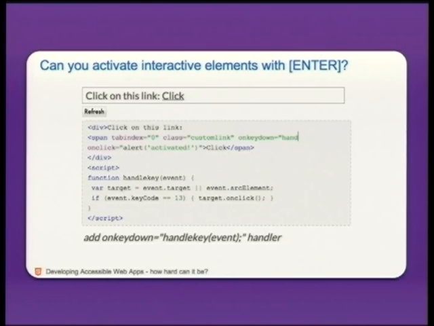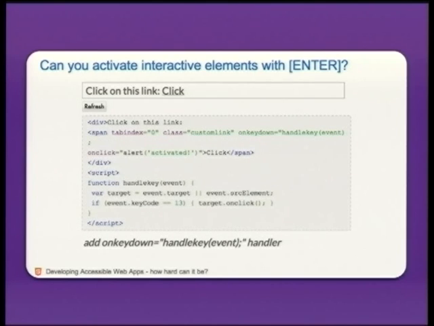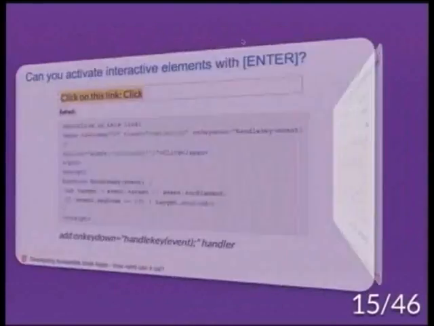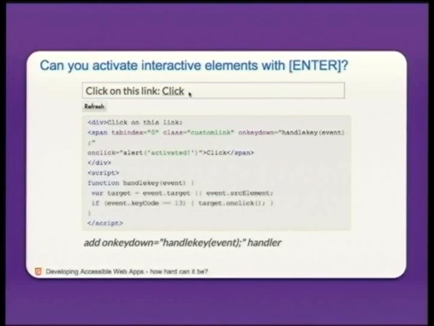handleKey, event, and now add onKeyDown. Refresh, click on this link. Clickable. This is the thing with the tab index. I don't know why it's not going there.